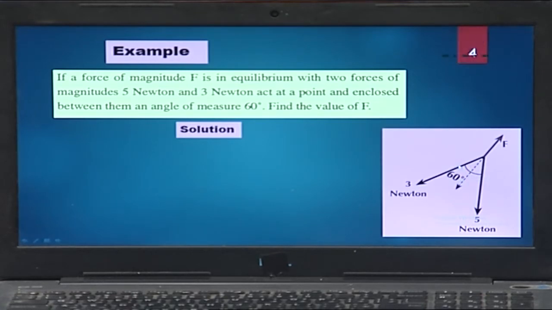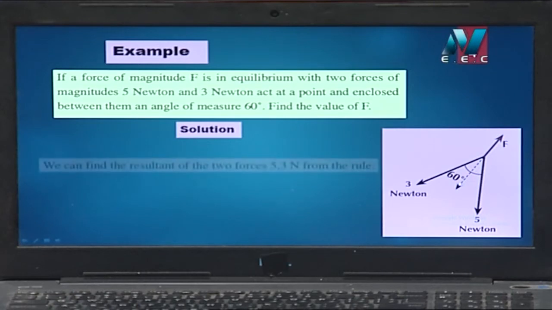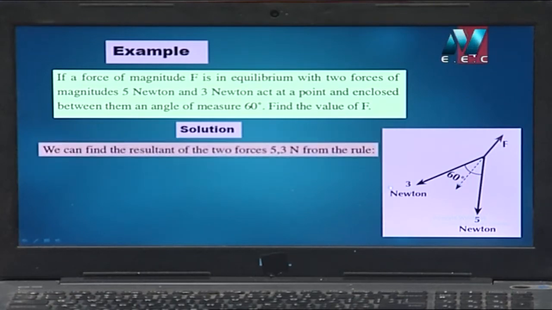So, if you want to find the resultant here to be in equilibrium, we must find the magnitude of this force, and it acts in the opposite direction of these two forces. So we would like to find the resultant. We can find the resultant of the two forces 5 and 3 Newton from the rule.